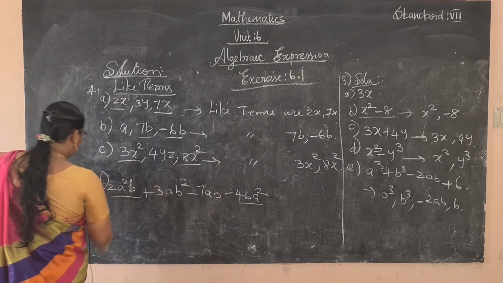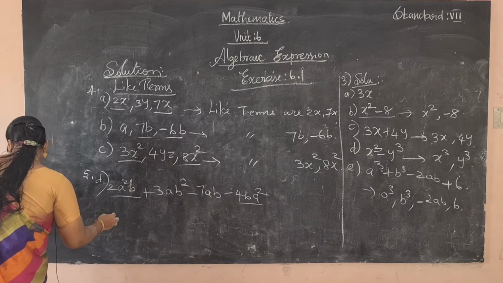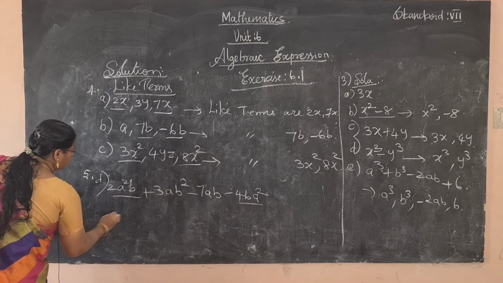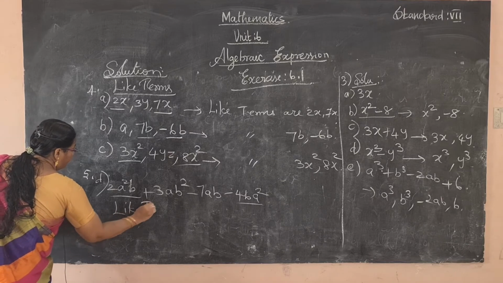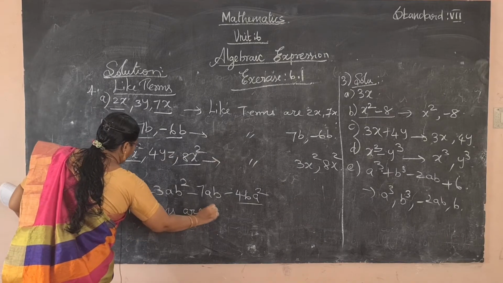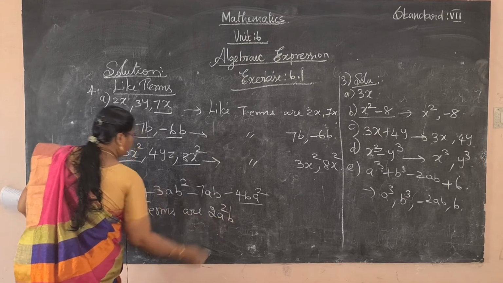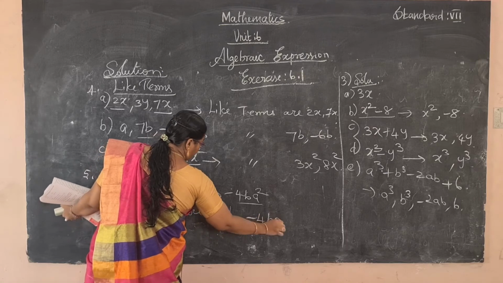Okay, these are all the same. Therefore the like terms are 2a squared b and minus 4b a squared.